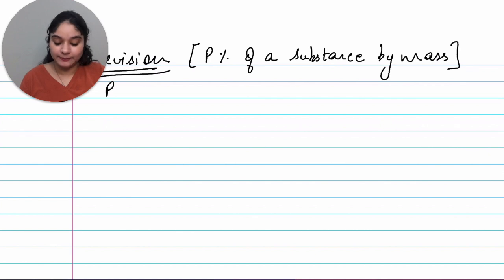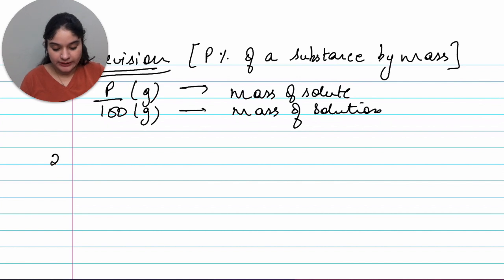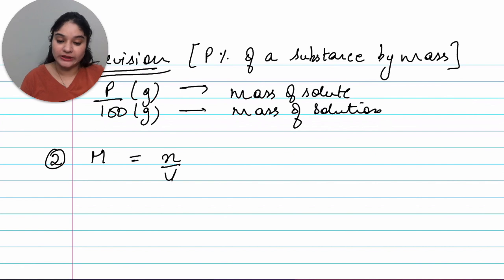So P% means P by 100. And this is in grams, this is in grams. This is mass of solute. This is mass of solution. Then the second thing, molarity formula was N upon V, correct?